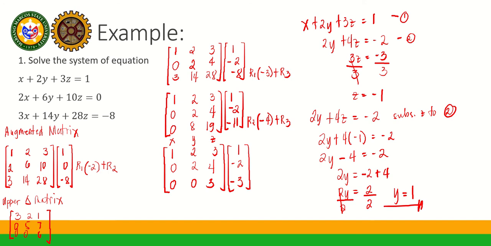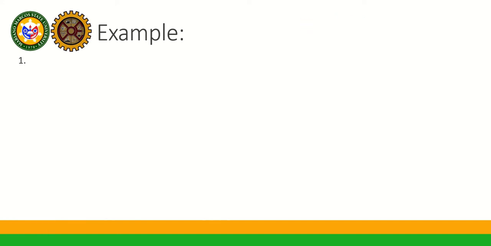So, we now have solved for z and y. The next thing na gagawin natin is to plug in the values of z and y dito to solve for x. Okay? So, yung first equation natin is x plus 2y plus 3z equal to 1.